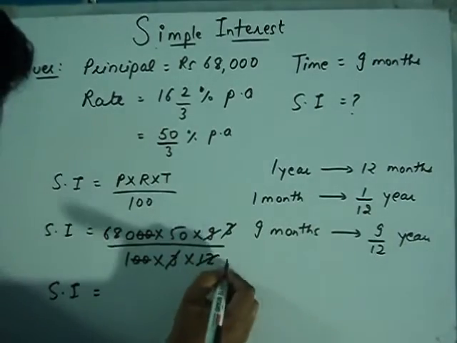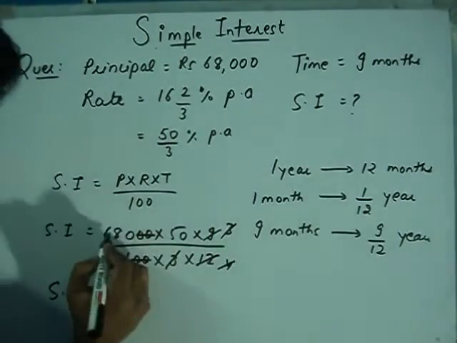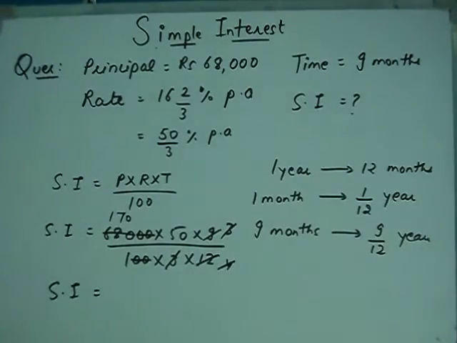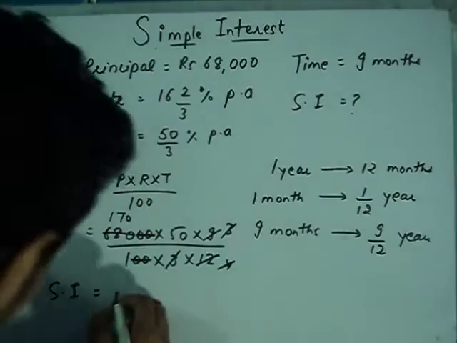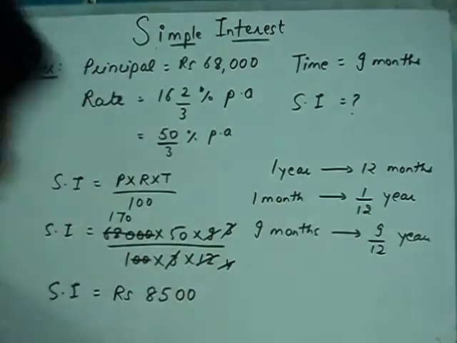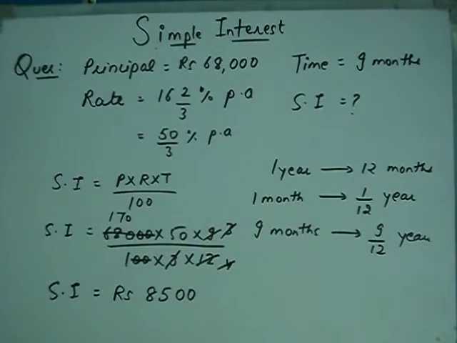Cancel out this, this will be this, and this will be our 170, and after solving this we get our value as rupees 8500. It is the basic numerical on simple interest.